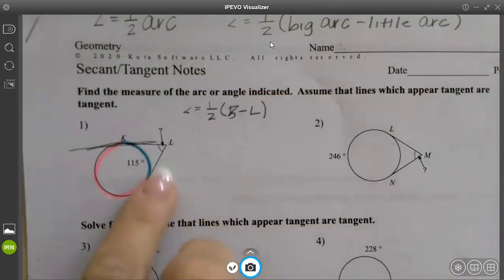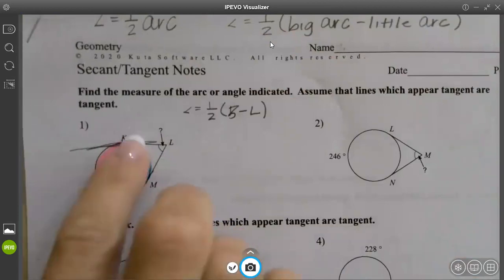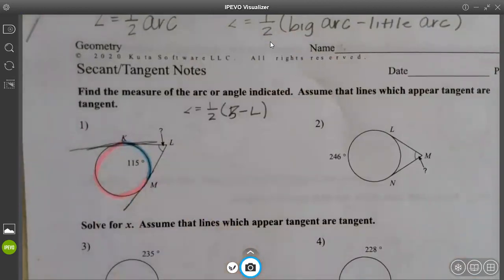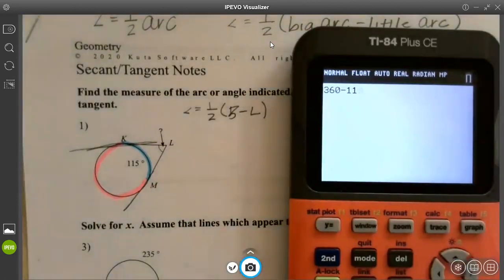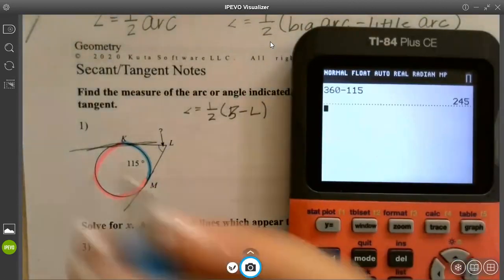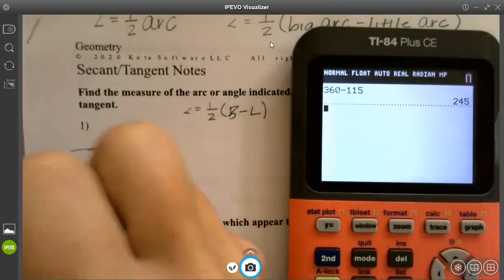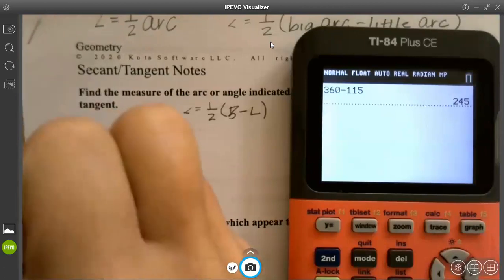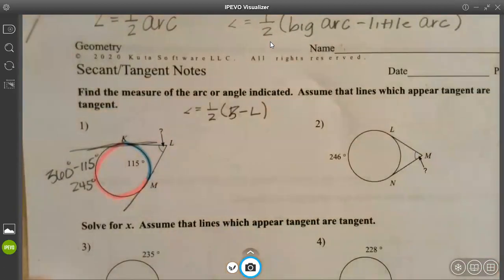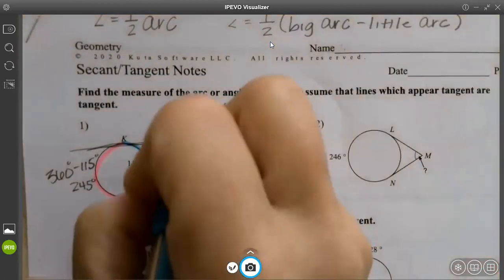The problem is I only have the blue arc, which is 115. How could I find the pink arc? Subtract it from 360. So 360 minus 115 gives us 245. Is everybody okay with that, where that came from? And then we're going to put it in our formula.